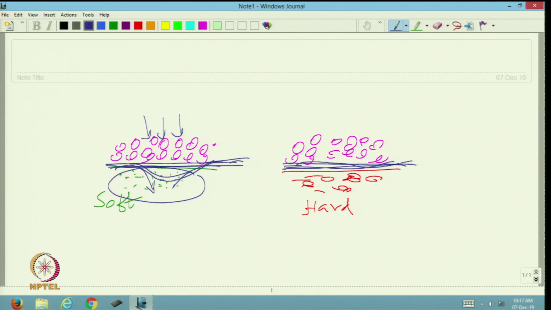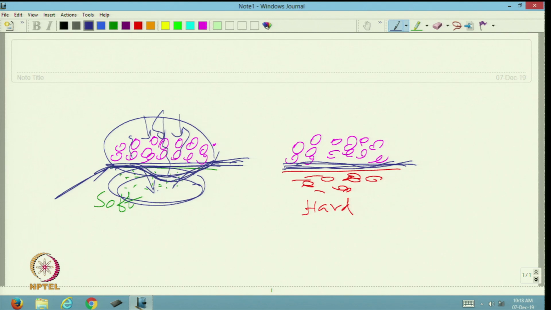Now, if you want to use geotextile with the soft soil, we have to select geotextile with a higher stiffness value, so that this deformation is not that high. Ultimately, this structure will remain intact. On the other hand, if we use a flexible geotextile with a lower stiffness with the soft soil, then the structure may get distorted. So, that is why the stiffness selection is extremely important for geotextile application.